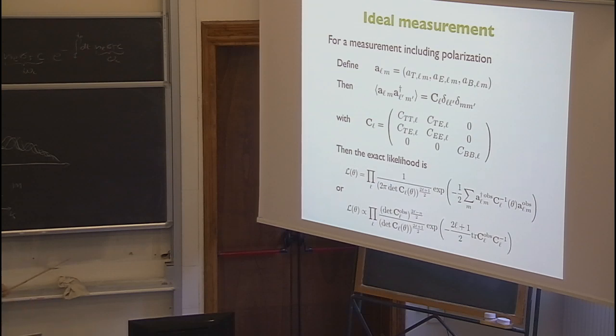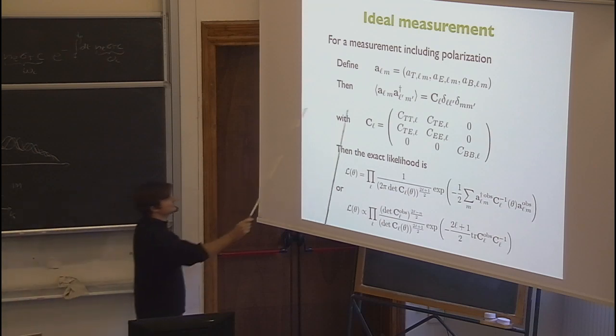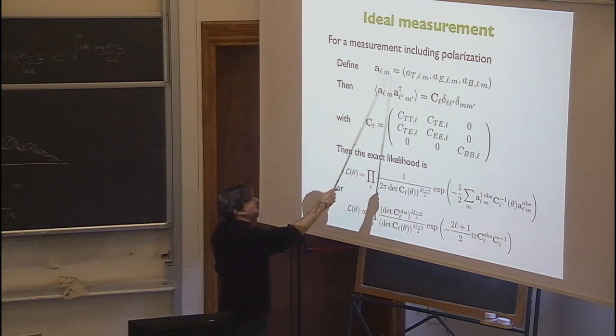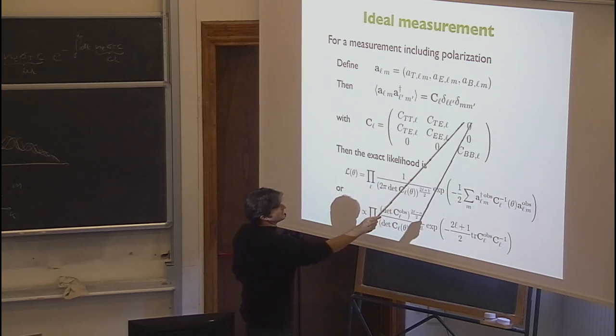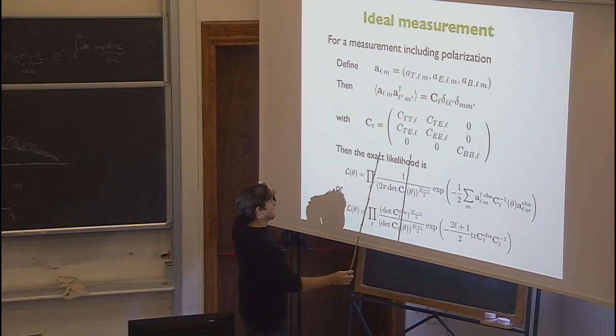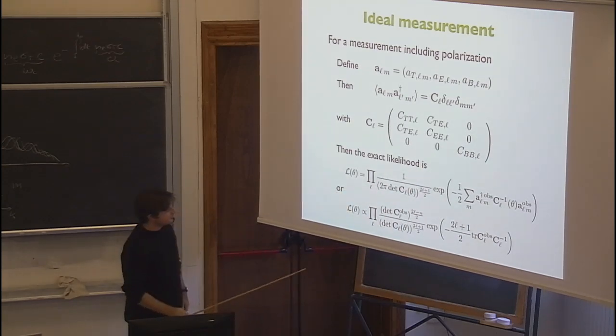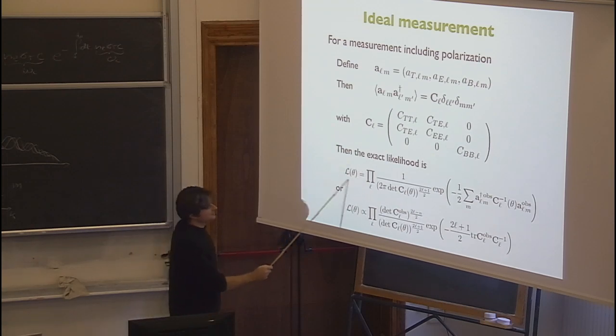It gets a little bit more complicated, but not too bad if you include polarization. So then this just becomes, you have a vector of these ALMs, and then these become matrices that look like this. So here again, the TB, EB blocks are 0, just because we assume that it respects parity. And then the likelihood just looks like this.